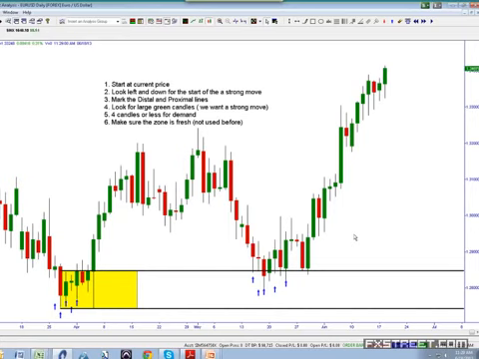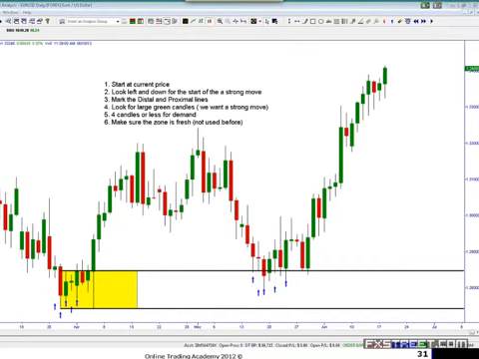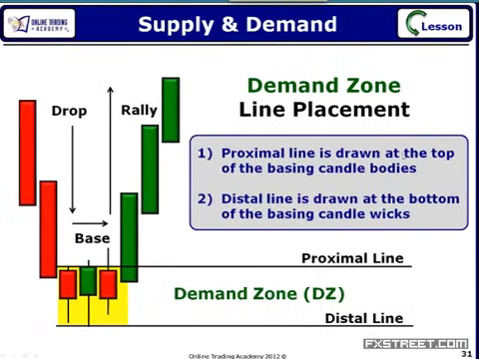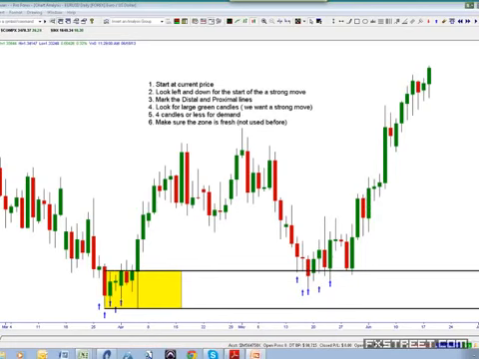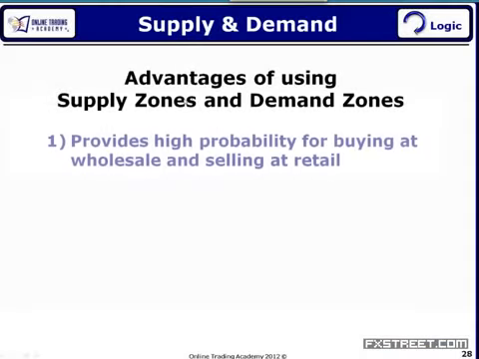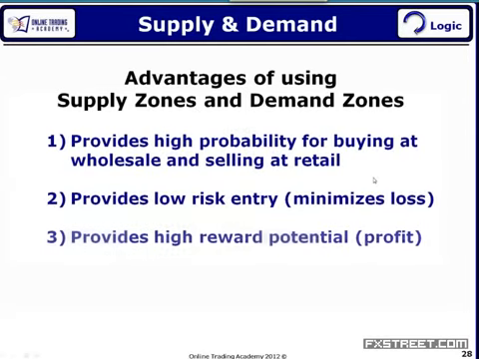Could you take it on the first time and possibly trade on the second? Yes, absolutely, you could. But the probability, remember what I said about our trades. We buy at demand and sell at supply for several key reasons. We want high probability, low risk, high reward.